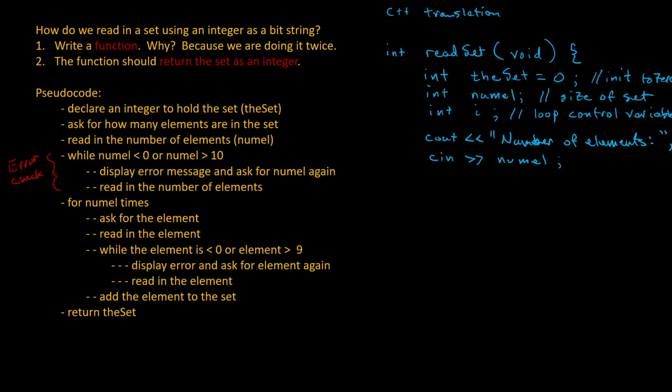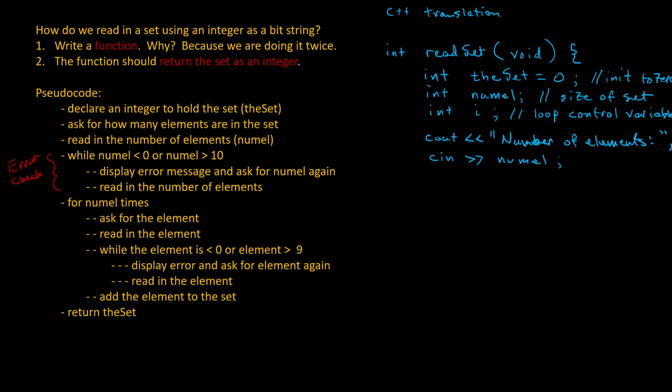If I put in the number 5, how many times will this while loop execute? Pardon me? 5. Number of elements less than 0 or greater than 10. Is 5 less than 0? Is 5 greater than 10? So the condition doesn't hold. How many times do I do the body of the loop? 0. I don't do it.